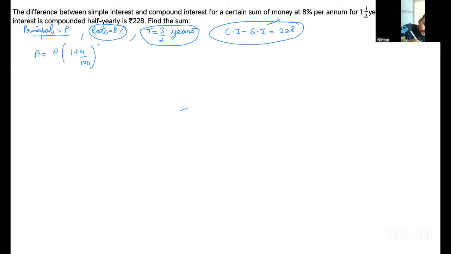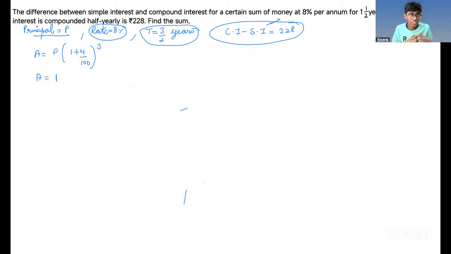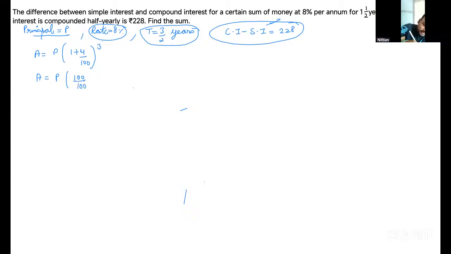Why use the amount formula, use the difference formula? Give me a second. I did not introduce the difference formula, otherwise it will be confusing. Okay, this is the amount which I got.